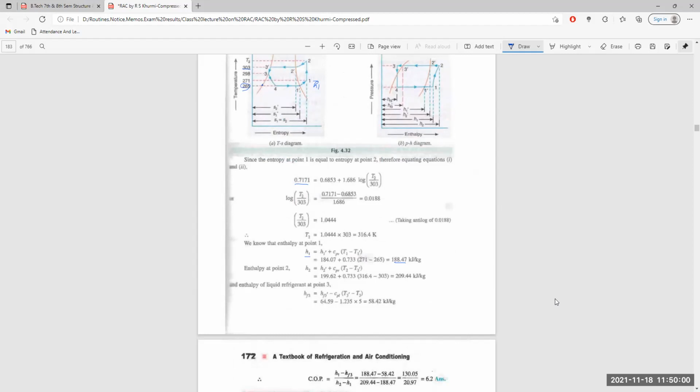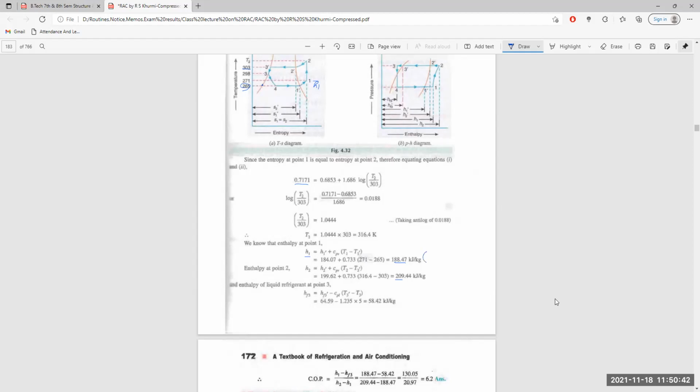H2 dash is available from the chart, which is the enthalpy of the vapor at the higher temperature, the condensation temperature, which is 199.62, and CPV is the specific heat of the vapor refrigerant, 0.733, multiplied by 316.4, T2 in degree Kelvin, minus 303, which is T2 dash. By putting in all these values and calculating, we get the enthalpy at point 2, the outlet of the compressor, as 209.4 kilojoule per kg.